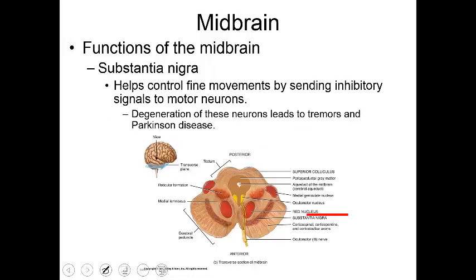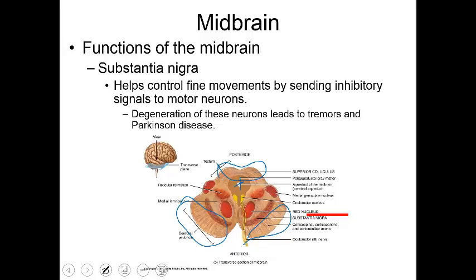Now when you're looking at the transverse section superior view of the midbrain, you can see the cerebral aqueduct right here in the center. You can see the colliculi right here. And you can see the peduncles as well. So this is a cerebral peduncle, contains a motor tract, and this one contains several motor tracts, and this one contains motor tracts as well.